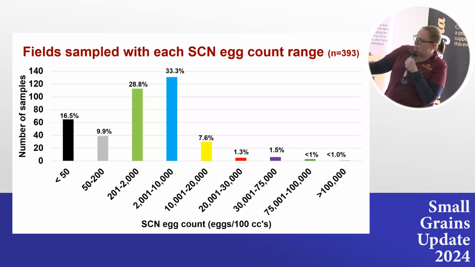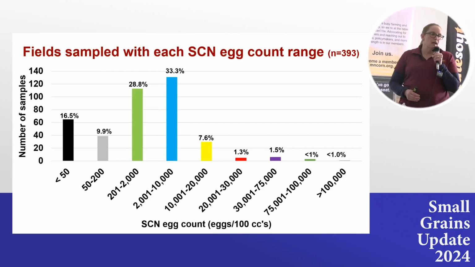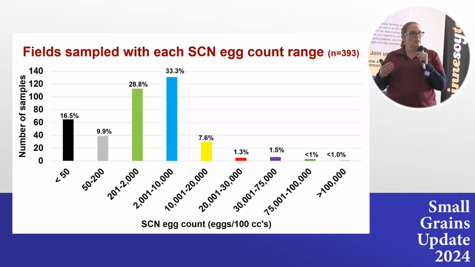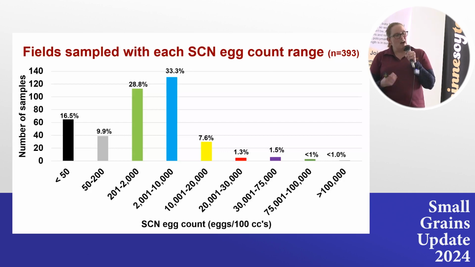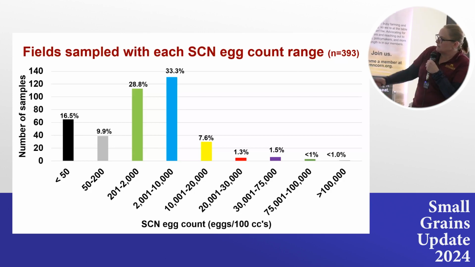About 10% of samples were at a very low level. At that level, you could expect no yield loss even when planting a susceptible soybean variety. However, you will definitely increase your population density for the next time you grow soybeans.